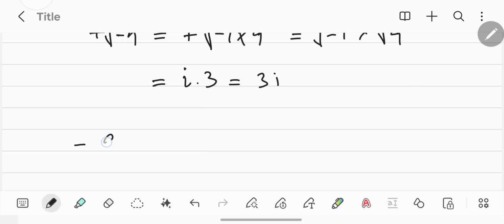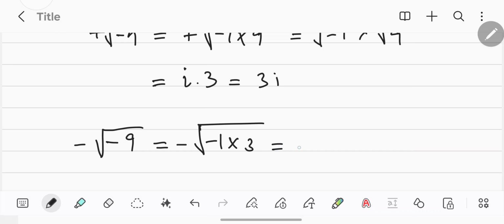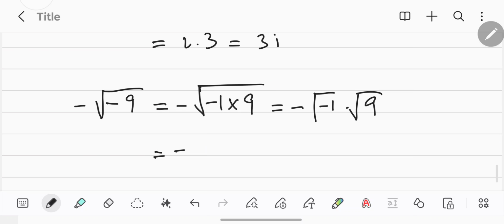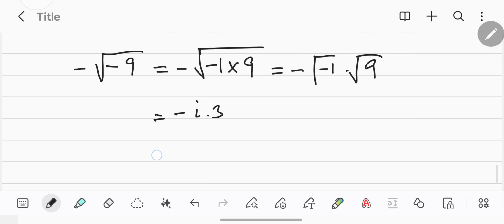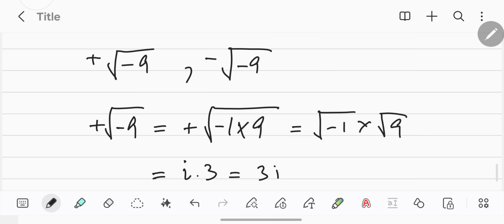Similarly, if I write the negative of the square root of negative 9, it is equal to the negative of the square root of negative 1 times 9. The square root of negative 1 is iota, and the square root of 9 is 3. So that means you got negative 3 iota. So what happened?